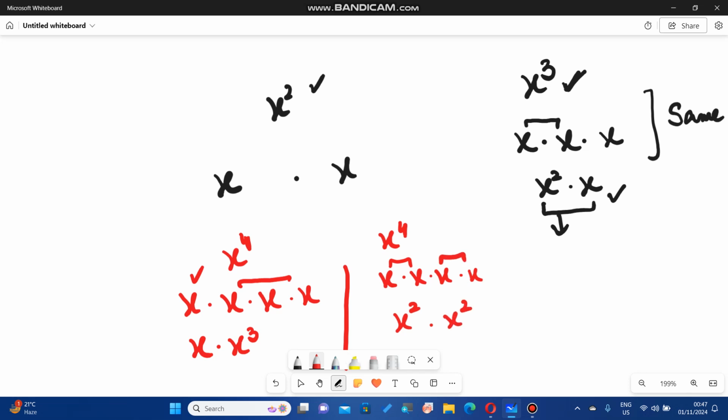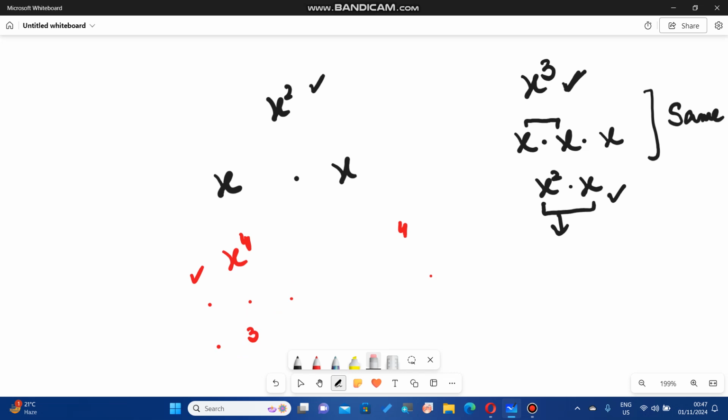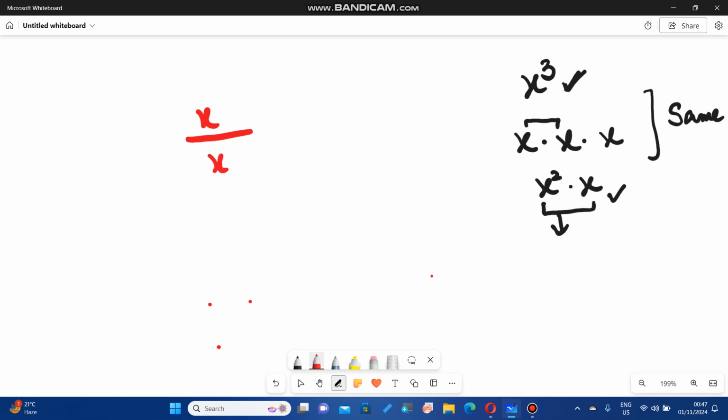Now in the question, what were we doing? Let's say we have some fraction here. Let's say we have x divided by x⁴.